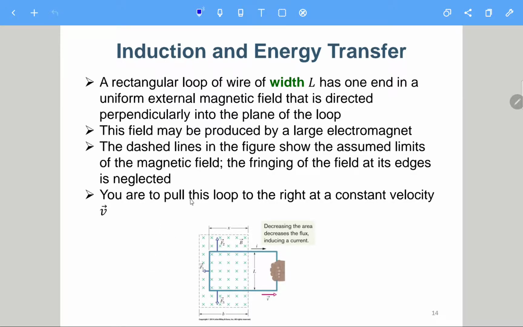So you are to pull this loop to the right at a constant velocity v. Suppose the shape of the loop won't change, and you try to pull it out of the magnetic field.